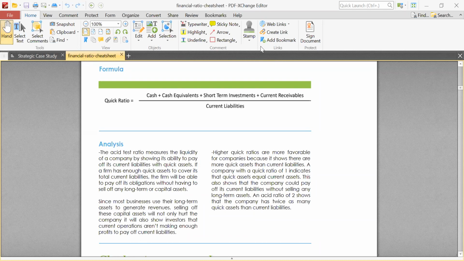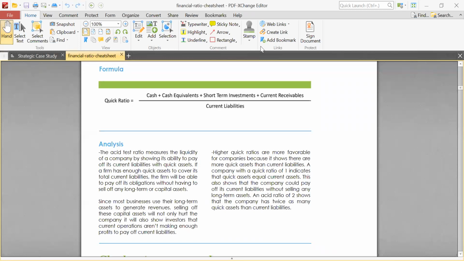A quick ratio of 1 means that your quick assets are equal to your current liabilities. A quick ratio of less than 1 means that the company is bleeding and it doesn't have enough quick assets to pay off its current liabilities.